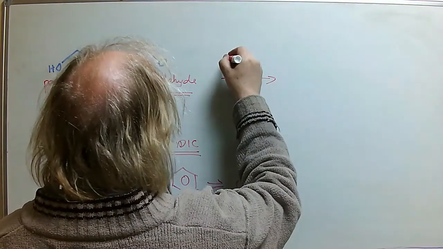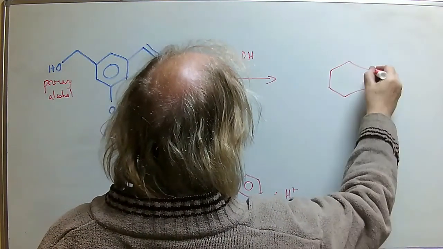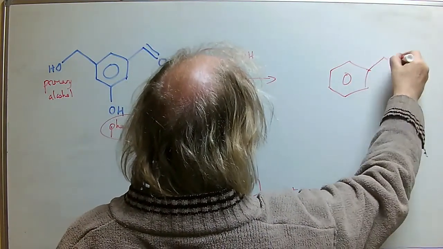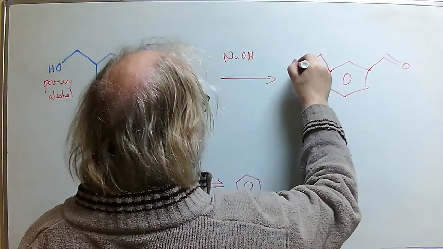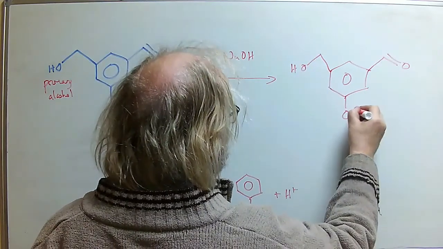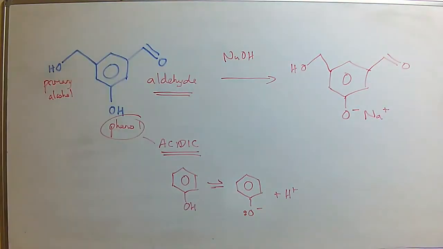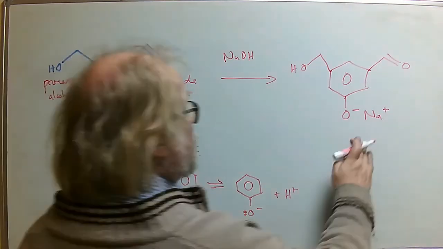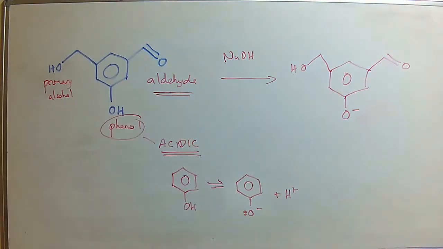And so if you add sodium hydroxide, the two groups at the top will be unaffected, but this one will form that. It didn't actually show you the sodium ion in the question, so that's the anion that's left behind. Okay, so that is just knowledge that you have to have.